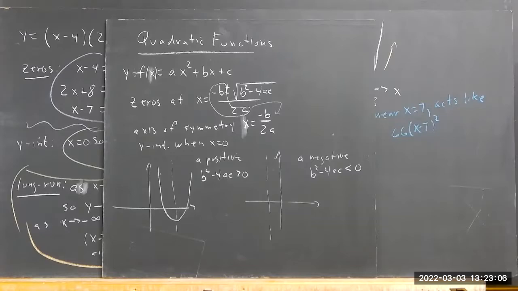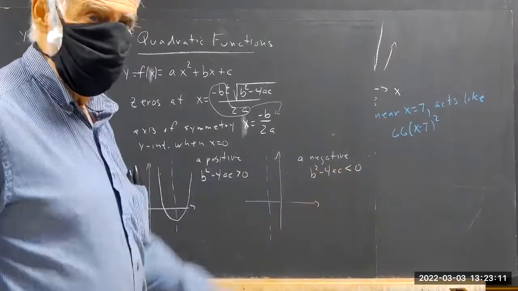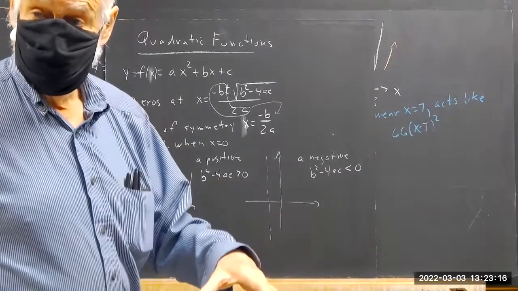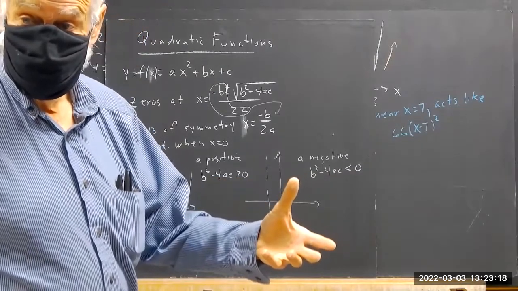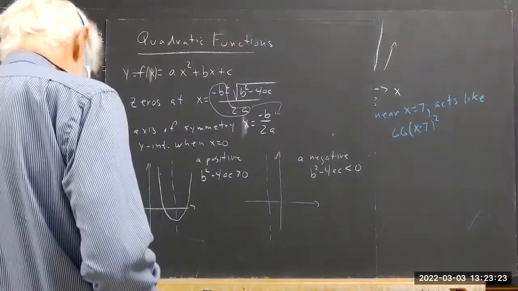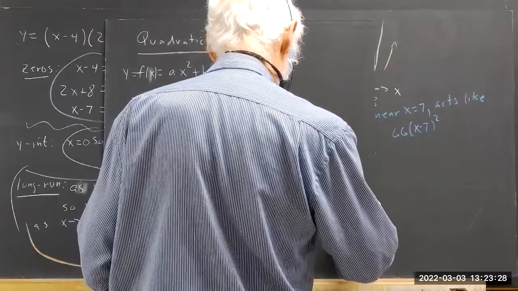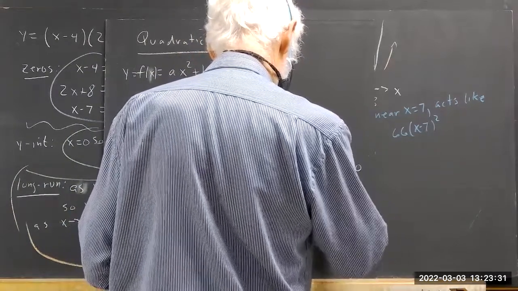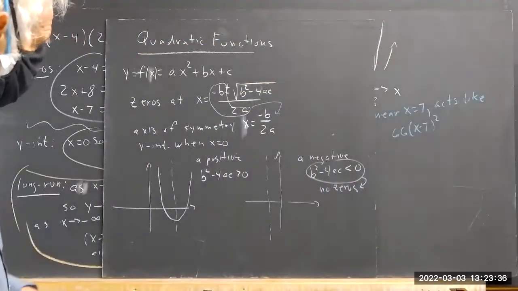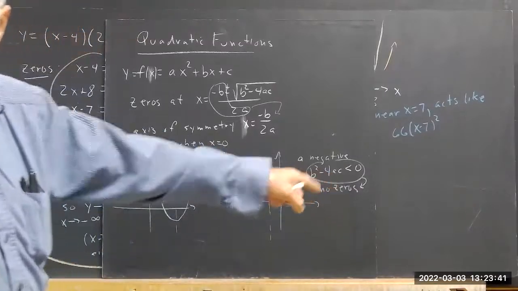Okay. If b squared minus 4ac is less than 0, then you don't have any zeros. You can't go through the x-axis. So we know this gives us no zeros, because this is negative and you can't take its square root. You can, but it's not a real number.